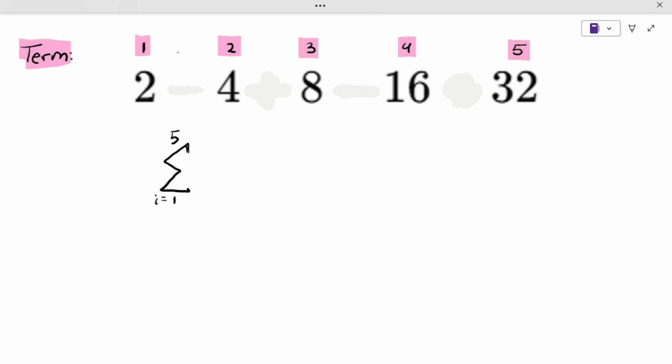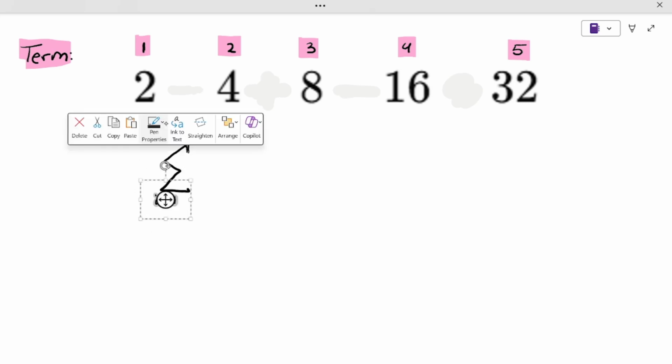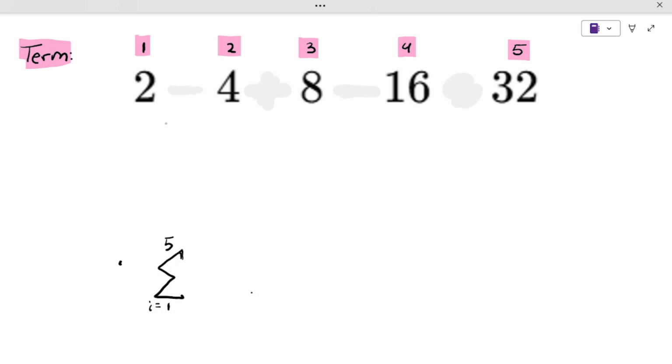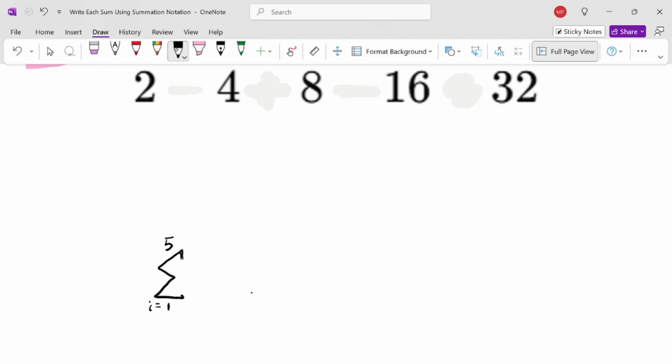What's going on? Let me see if I can move this down. Perfect. So 2. How do we get 2?